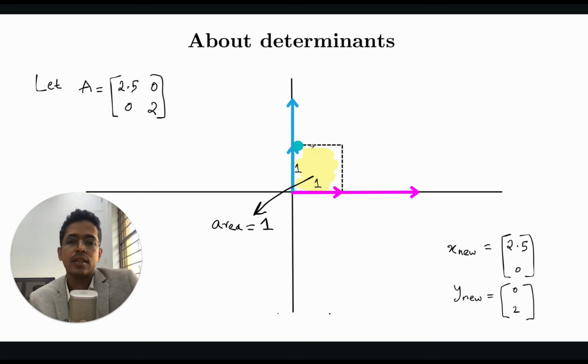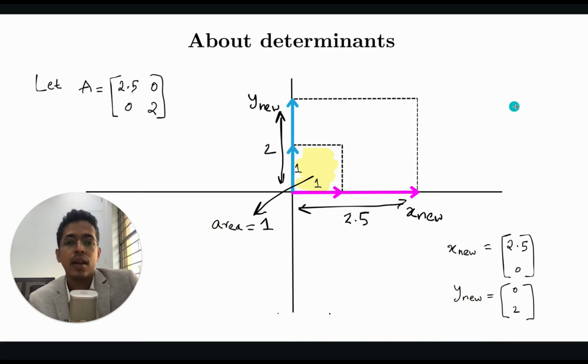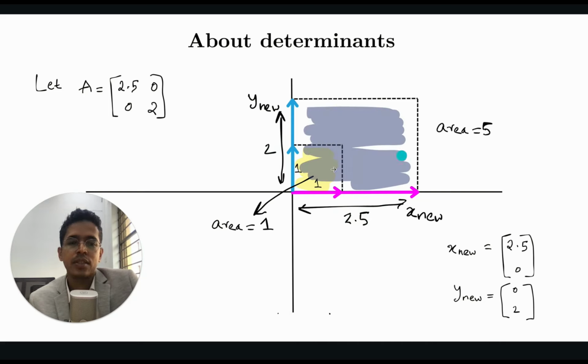So now let us see what happens to the grid. Originally this xy grid, let's say we assumed a unit square in this xy grid, it had an area 1. But now what has happened, this unit square in the grid also got transformed because the unit vectors themselves got transformed. And now it is not a square anymore. It's a rectangle. And the area of that is 2.5 multiplied by 2, which is 5.